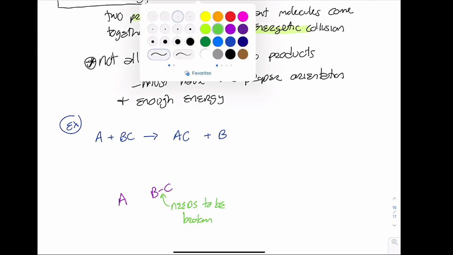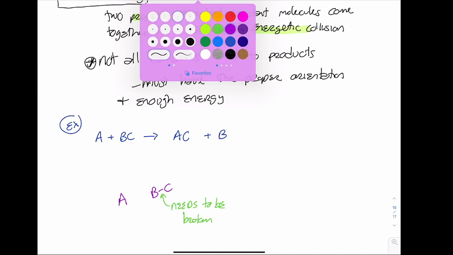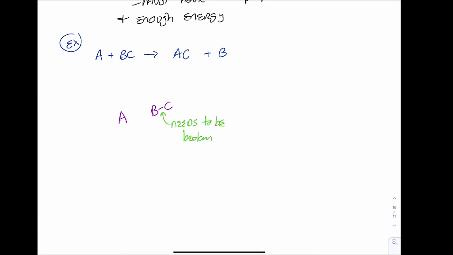We're going to go through what's called a transition state. So I'm going to redraw my reaction here. I'm going to have A, and it's reacting with BC. And then before I show the products, I'm going to show what's called my transition state. And I'll write this name down here in a minute. But I'm going to have my bond between B and C. I'm going to draw a dotted line.